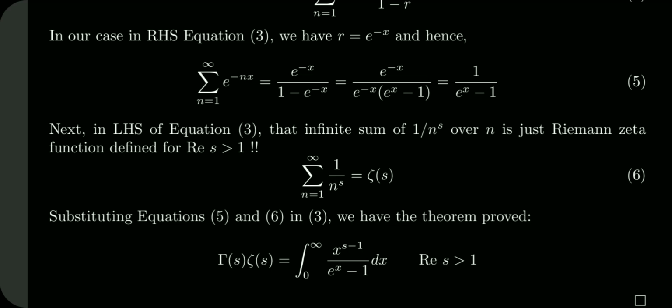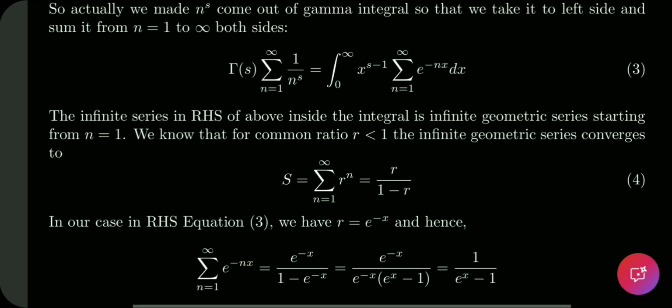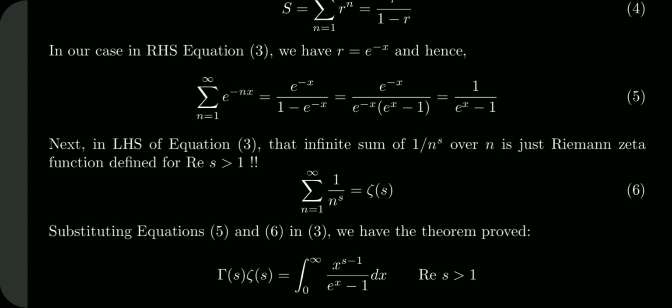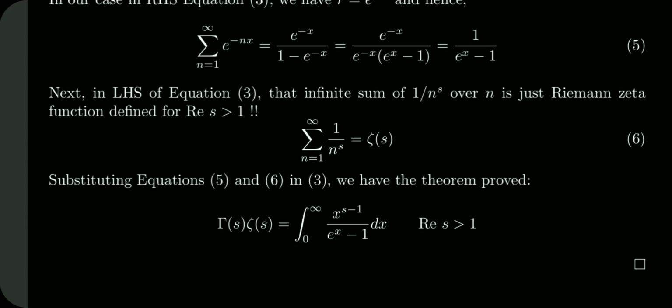Substituting equation 5, that is the infinite sum, and equation 6, which is nothing but the Riemann zeta function, together in equation 3, we will have our theorem proved.